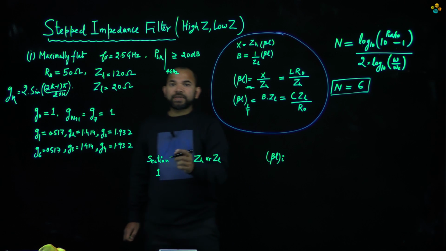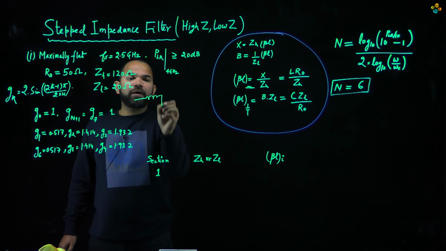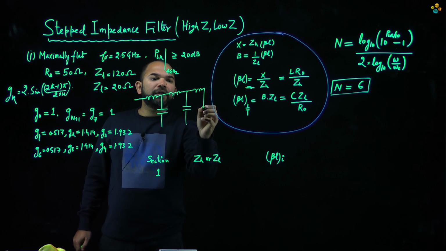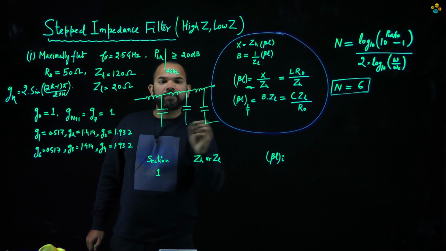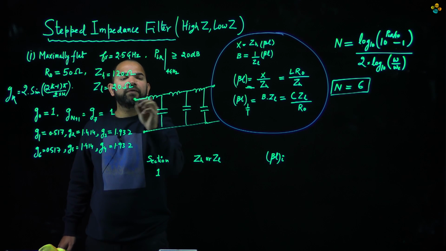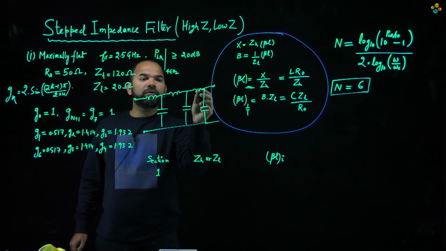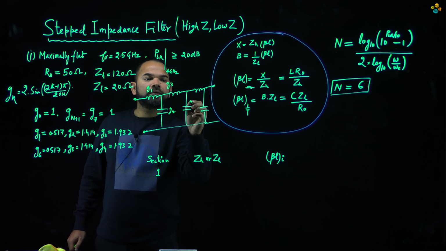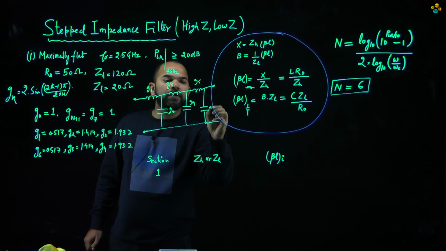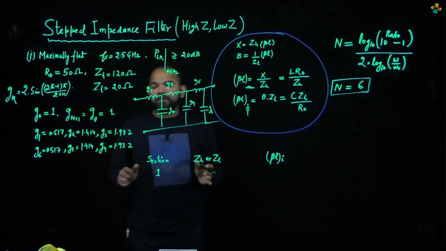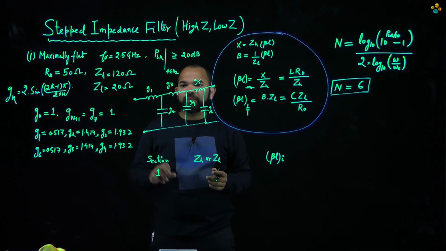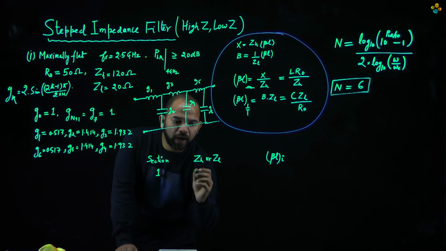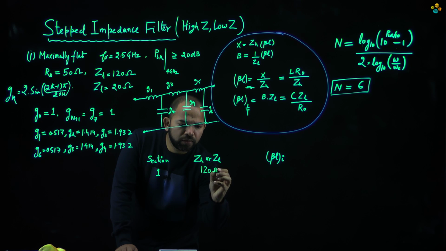Okay, so the first section for a low pass filter would be an inductor, then capacitor, then inductor, then capacitor, then inductor and then capacitor. Okay, so let's count: 1, 2, 3, 4, 5, 6. So this would be G1, G2, G3, G4, G5 and G6. Okay. So right now, with this stepped impedance transformation, if we want to realize an inductor, we need to use a high impedance line, which is 120 ohm.